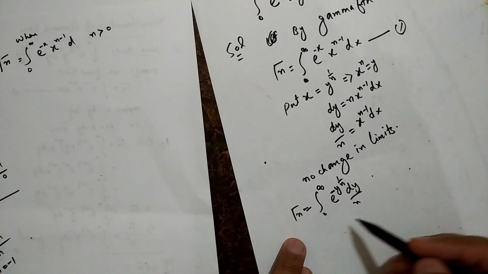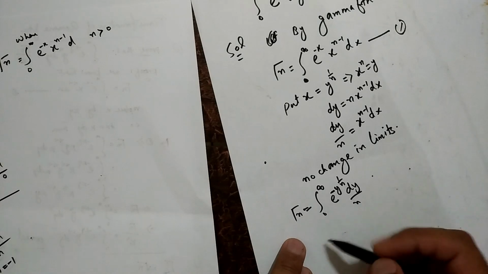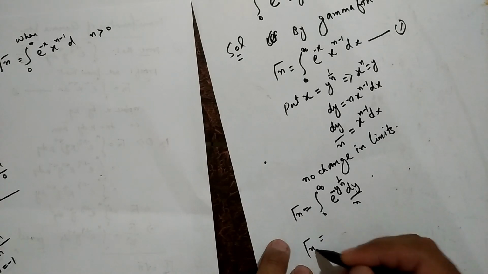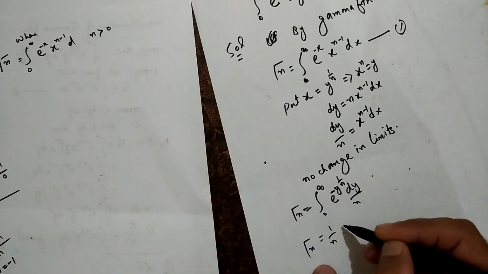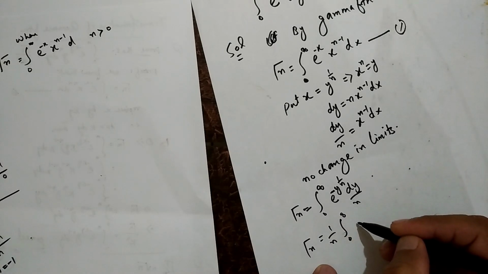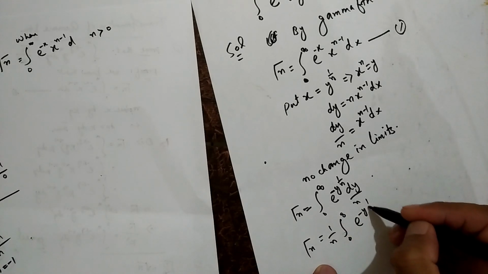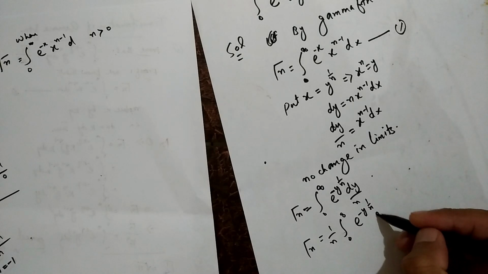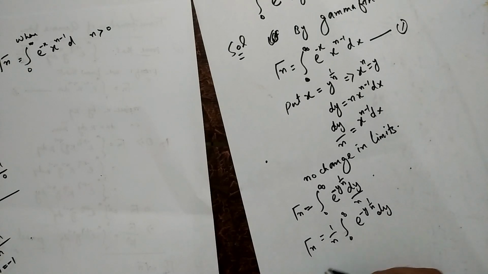So bring this n out of the integral. This will be gamma n is equal to 1 upon n times the integral from 0 to infinity of e to the power minus y to the power 1 over n dy. This n will multiply with this side.